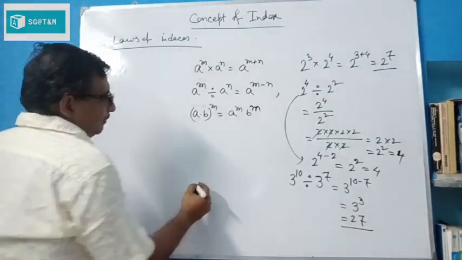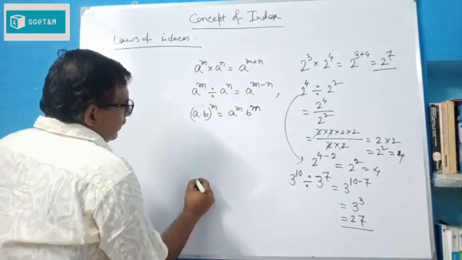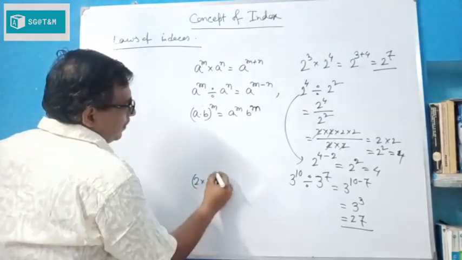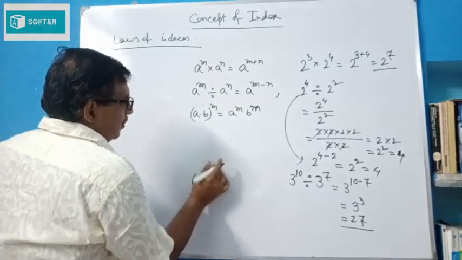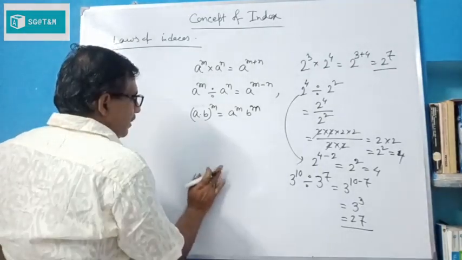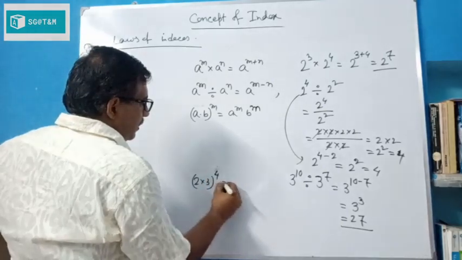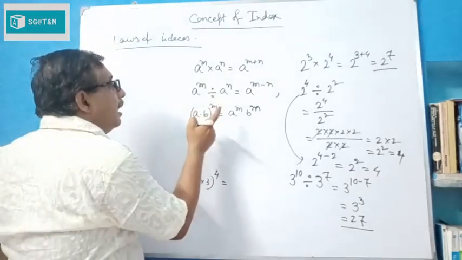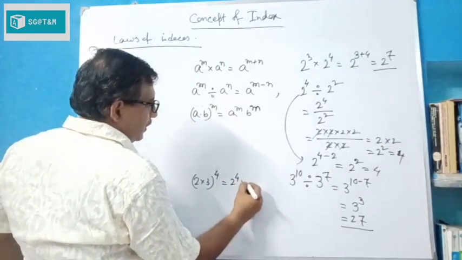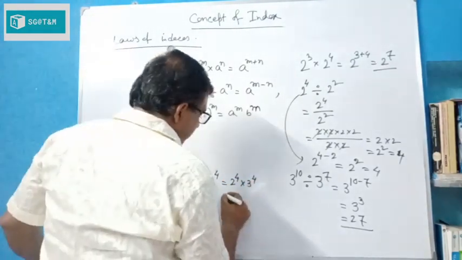For example, (2 into 3) to the power 4, by our formula, is 2 to the power 4 into 3 to the power 4.